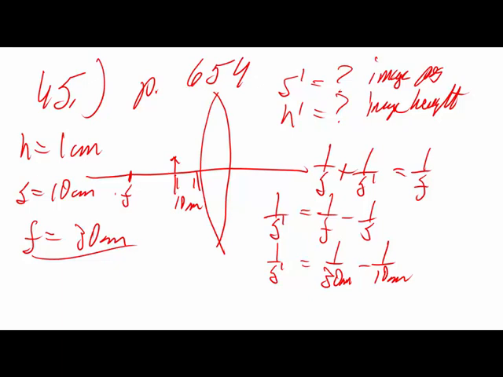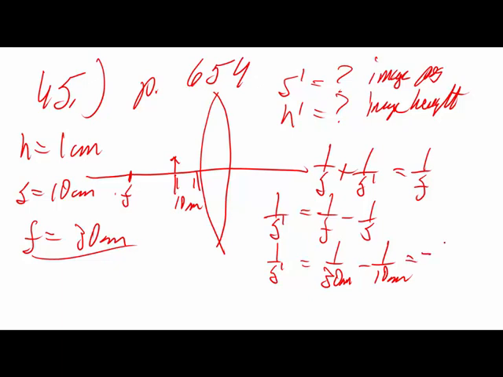We get a common denominator here, and when we do the fractions, 1 over 30 minus 1 over 10, we get a negative 1/15.